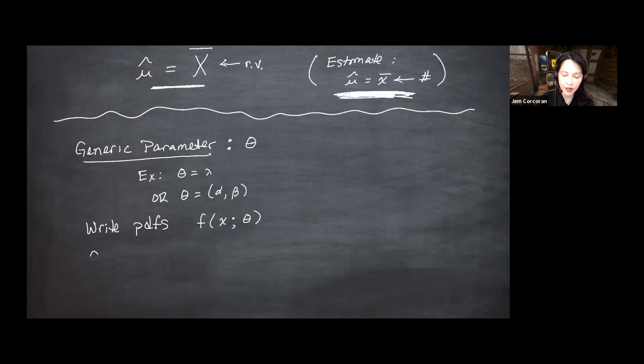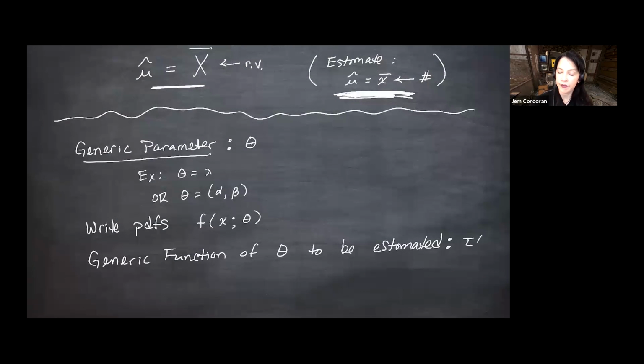And our generic function of theta to be estimated is going to be denoted by a tau of theta. So for example, estimate tau of theta equals theta squared.